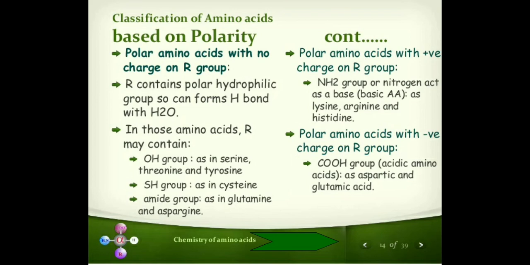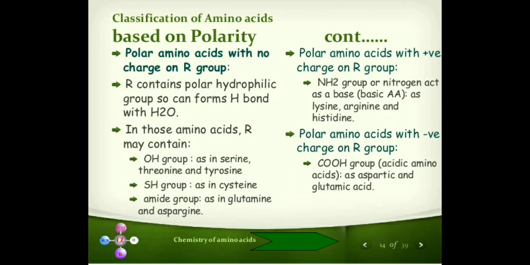And then the amides of acidic amino acids, like glutamine and asparagine. All these amino acids, those containing a hydroxyl group, a sulfur group, and amides, are included in the neutral polar amino acids: polar amino acids with no charge, that have a neutral side chain.